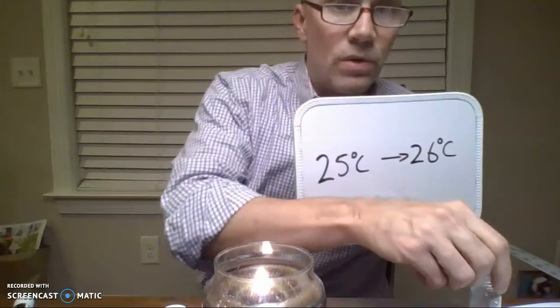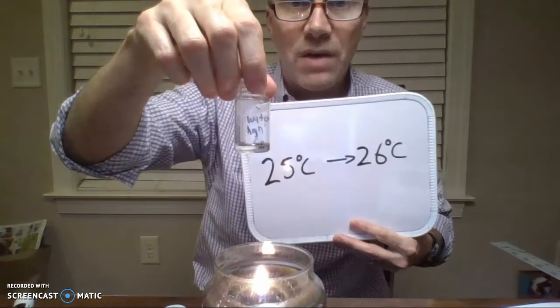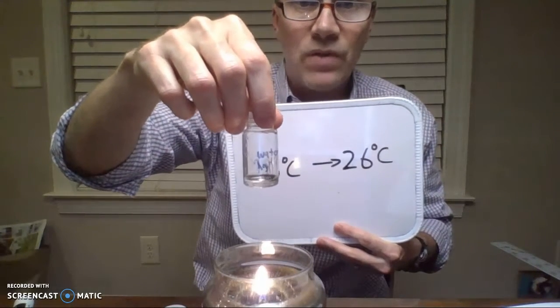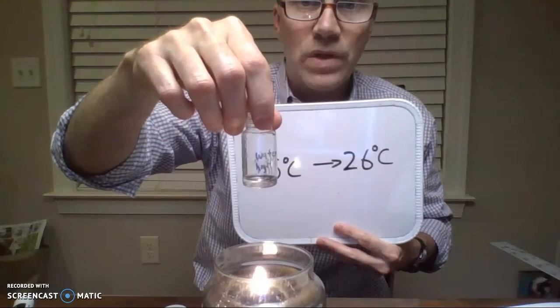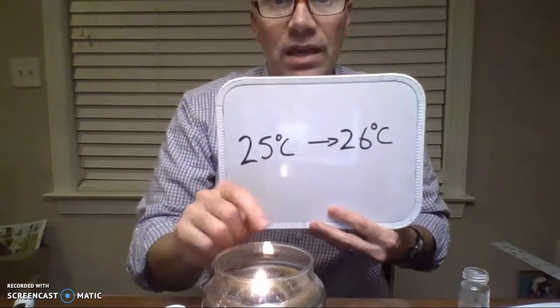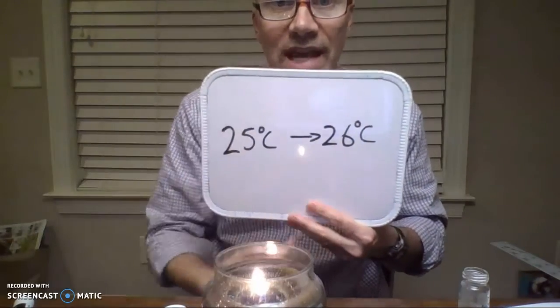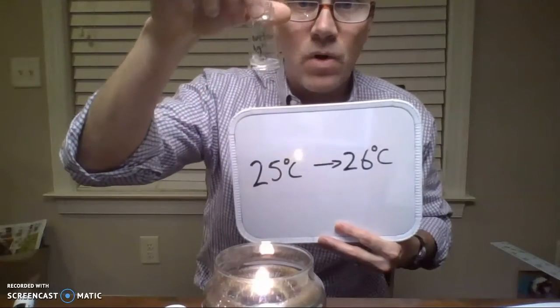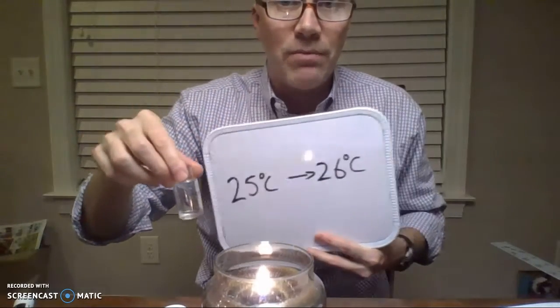If I put a thermometer in this and I waited until it went from 25 degrees to 26, the amount of heat from this candle that it took to cause that change to happen would be the specific heat of water.